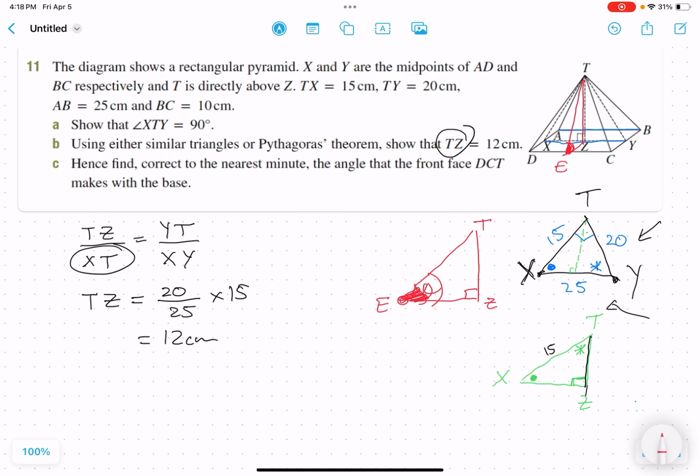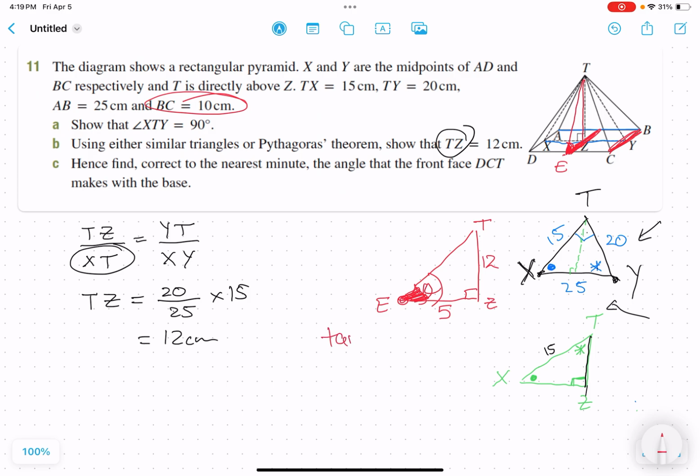We've found TZ, or we're given it, so even if we couldn't do that question, we know TZ is 12. We should be able to work out EZ, because EZ will just be half the whole distance CB, and we were given BC, which is 10. So that distance Z to E must be 5. That's nice.